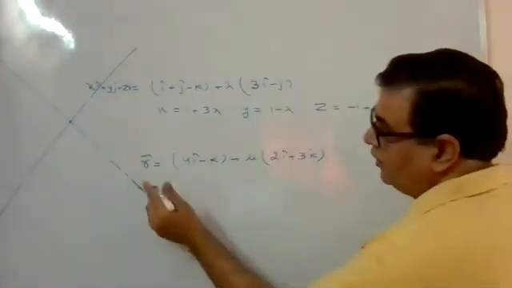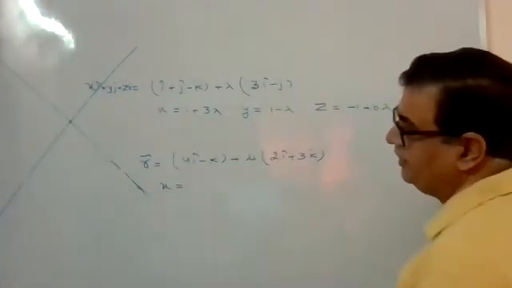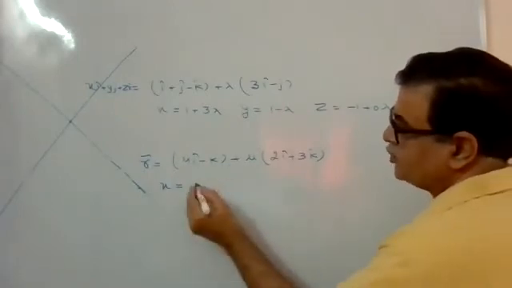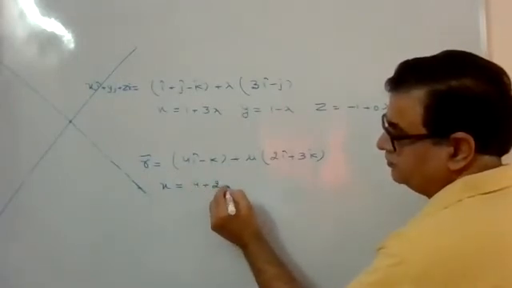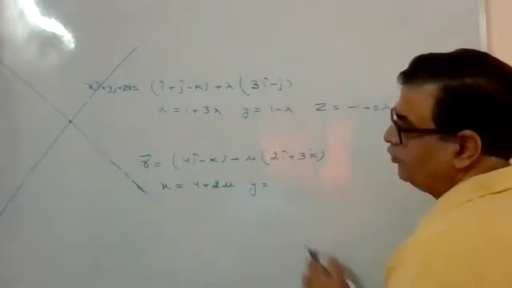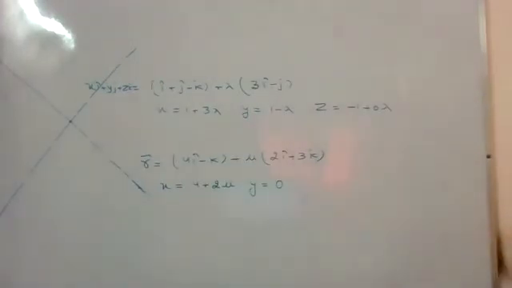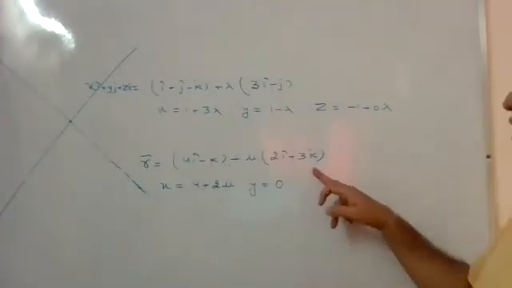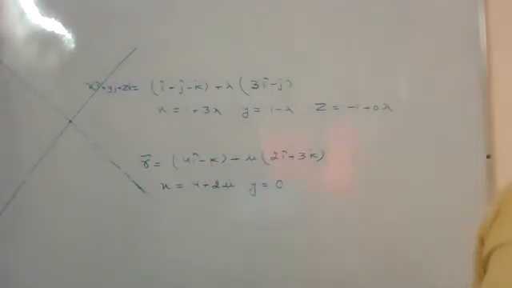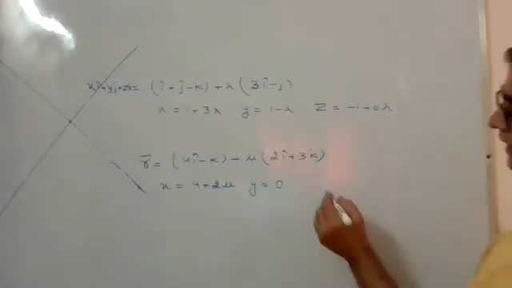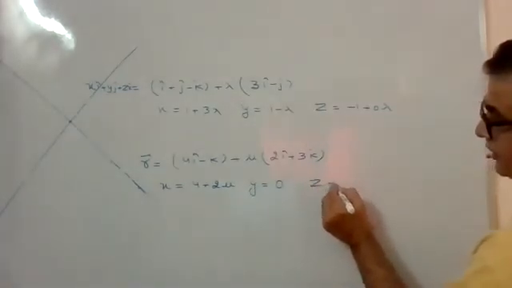In the same way here, we go for x. What is the x coordinate here? 4 plus 2 mu. When you go for y, it is 0, because neither j is here nor j is here, so we will say it will be 0. And then the z coordinate is what?